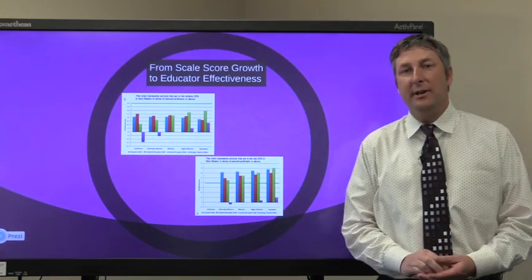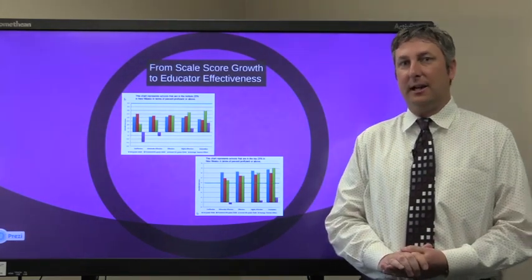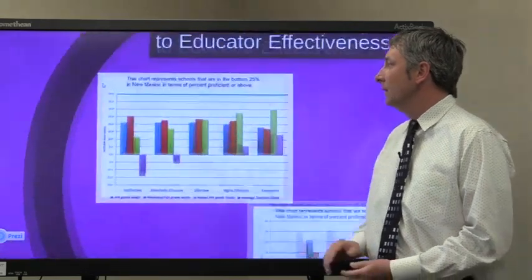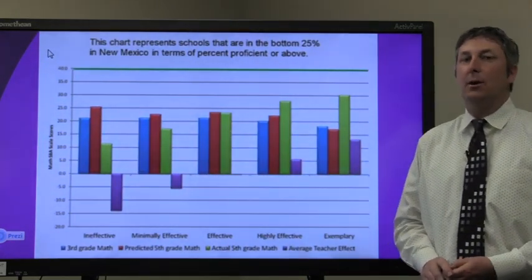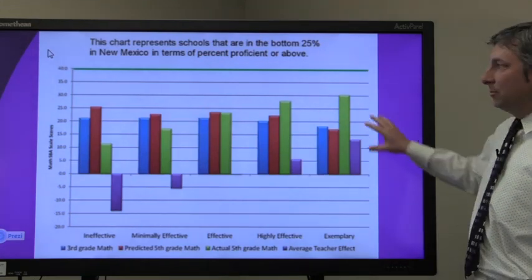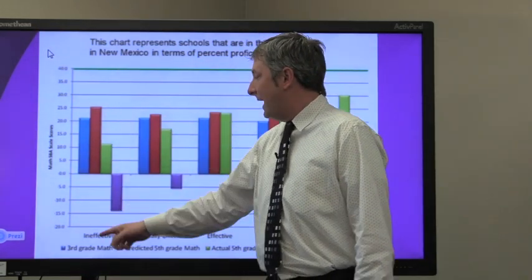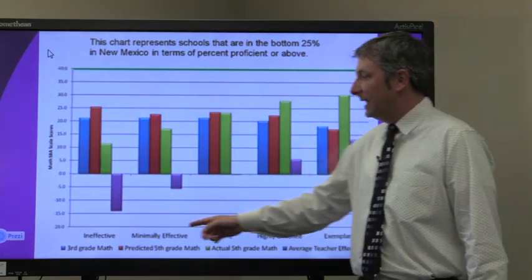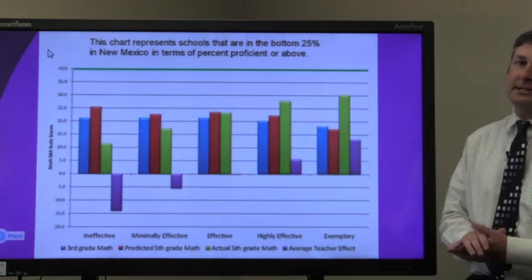Okay. So how do we get from scale score growth to educator effectiveness? We're going to take a look at a couple examples. For instance, this is actual data from the state of New Mexico that looks at student performance. As you can see over here, this is the math scale scores. And down across the bottom, we're looking at ineffective, minimally effective, effective, highly effective, and exemplary teachers.